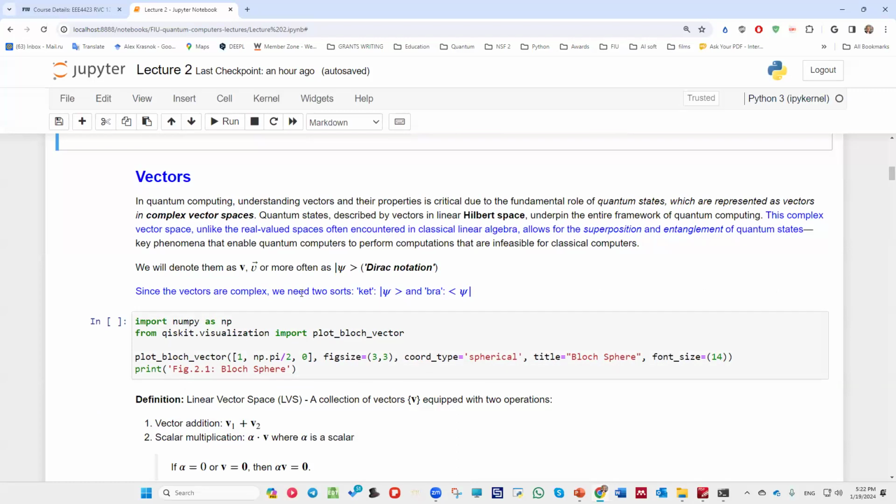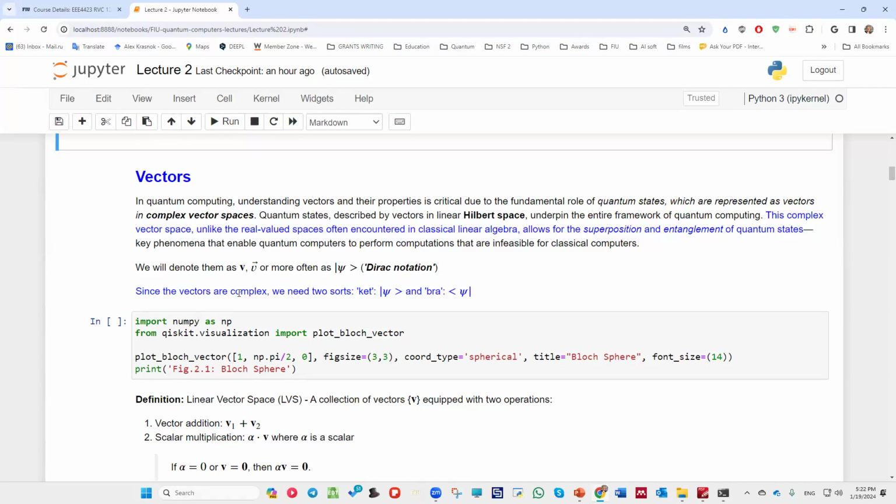Okay, so we start with the concept of vectors. You, of course, know what a vector is. A vector is a mathematical or geometrical object that has a length and a direction in some space.